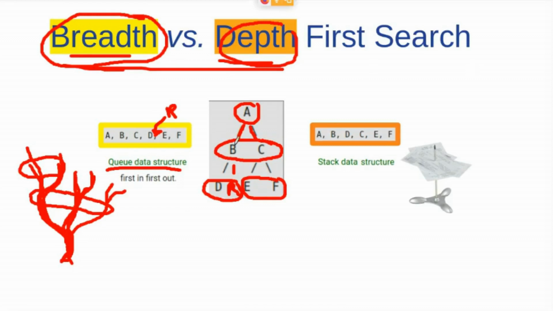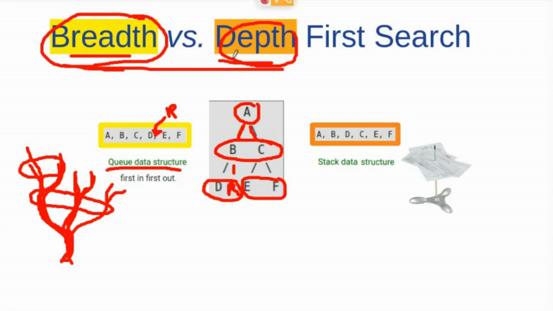That's why here we have ABD, ACE. Then because we repeat A, we go to C, that's why here I have a C, then E, and then F, right?